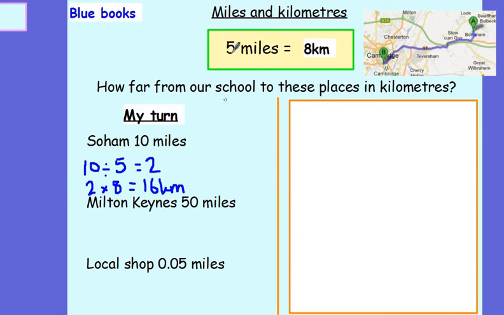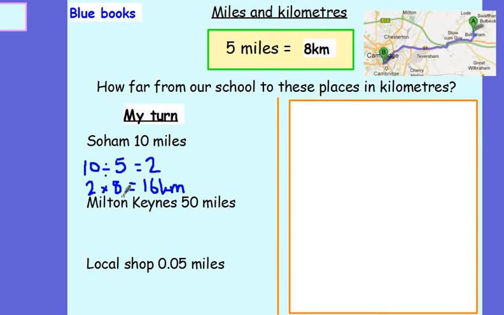So the first thing I've done is divide it by 5, because I know 5 miles is 8 kilometres. So I'm working out what 1 mile would be by doing 10 divided by 5, which gives me 2. And then multiplying it by 8, the number of kilometres, to work it out in kilometres.